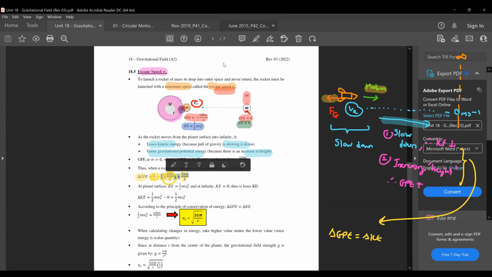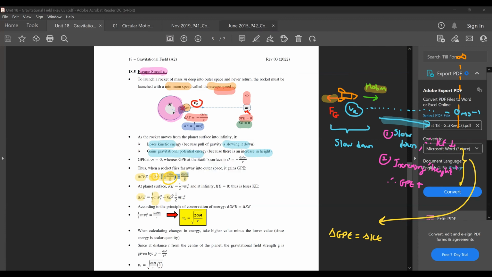And then the change in KE is just half m VE squared minus 0, giving me half m VE squared. Just now I told you that the loss in KE equals the gain in GPE. I substitute what I just found, and I get half m VE squared equals GMm over R, where eventually VE is the square root of 2GM over R. So this is the escape speed.